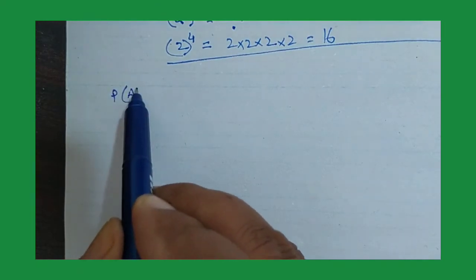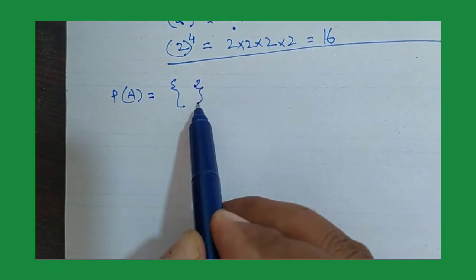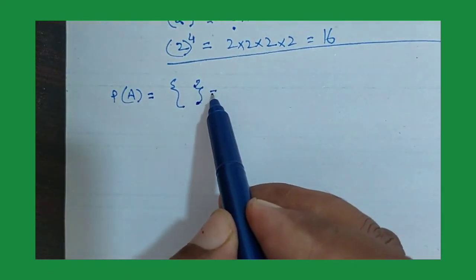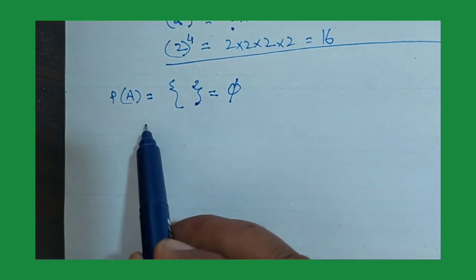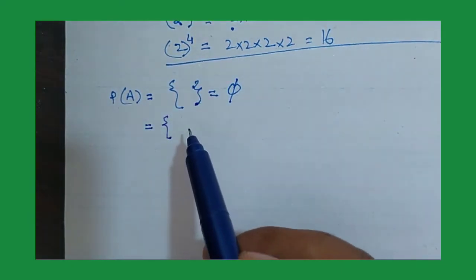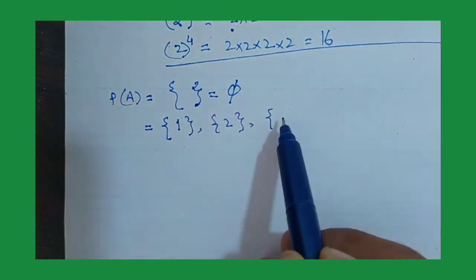Power set of A. You know that the empty set, shown as φ, is also a subset of any set. Now we make sets having only one element: {1}, {2}, {3}.